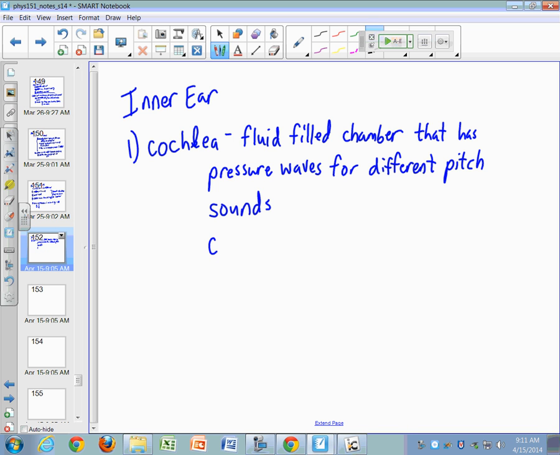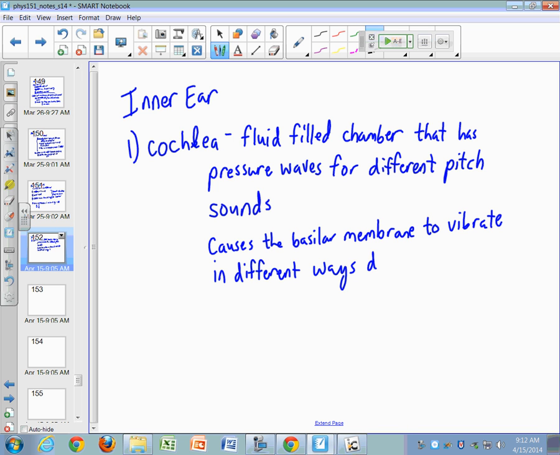This causes the basilar membrane to vibrate in different ways depending upon the pitch or the frequency of the sound.